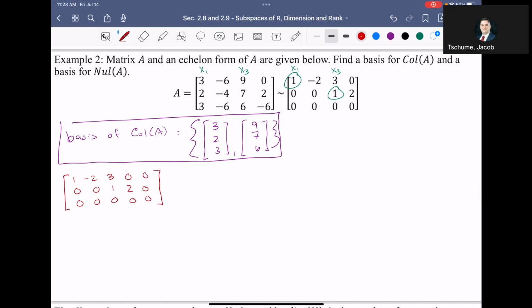To put this into reduced echelon form, it looks like you just have to do one step here. You have to get rid of that 3 above the second pivot position. So I'm going to take row 1 and subtract 3 row 2s. It doesn't change much because you're going to have 1, -2, 0. The number that it changes is that next one because you'll have 0 minus 6, which is -6. And I don't believe anything else in this problem changes.